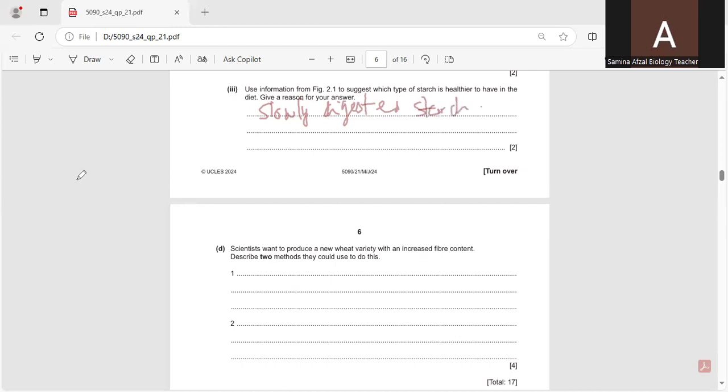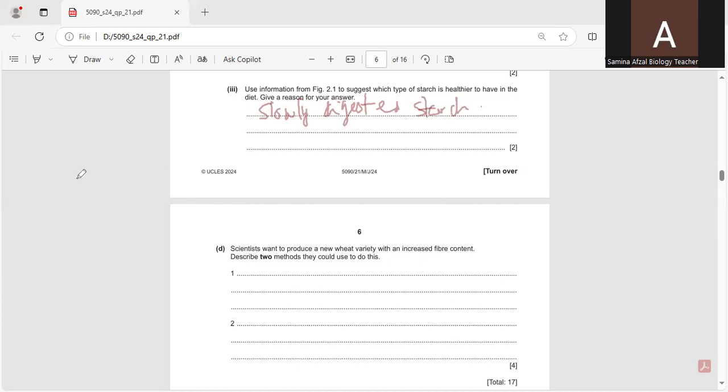Because in this case, when there is slow digestion of the starch, there should not be a release of insulin all at once. Too much insulin released at the same time can cause different issues in the body. If the starch is slowly digested, insulin will also be released slowly by the pancreas, so it will be healthy for the body.